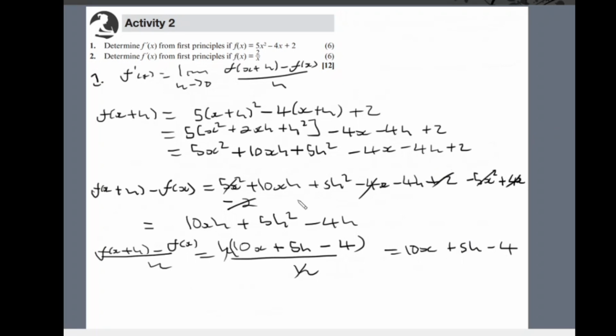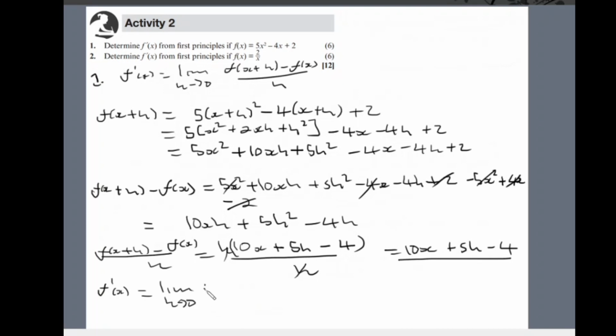so now I can proceed to calculating the limit. So my derivative will be the limit as h goes to 0 of f of (x plus h) minus f of x, divided by h, which is this expression, right?